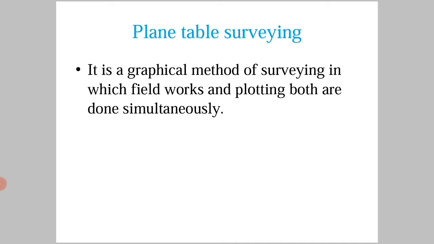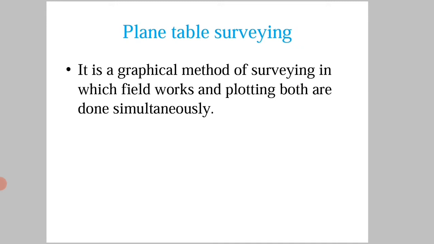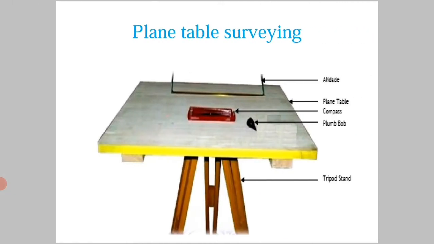So what is the advantage of plane table survey? It is one of the most rapid methods of surveying. Another advantage is that field notes are not required, and thus the possibility of mistakes in booking is eliminated.